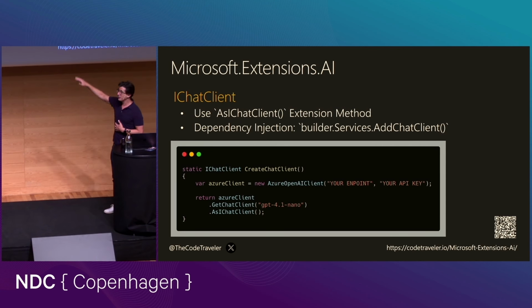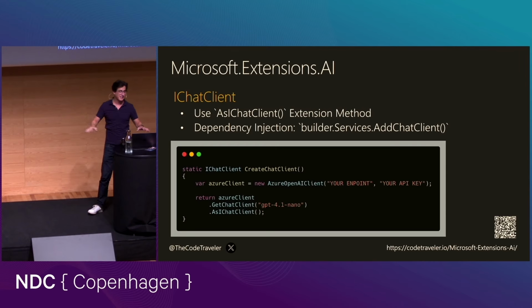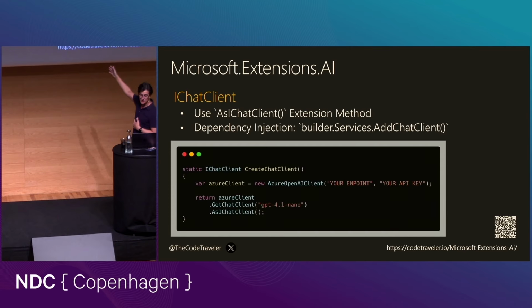So really, the only thing specific to your platform are these couple lines of code. And as soon as we say AsIChatClient, we've escaped, and we're now in the world of Microsoft.Extensions.AI. And to add that to dependency injection, you can just say builder.Services.AddChatClient, or you can always just say builder.Services.AddSingleton and pass it in like you normally would. That's totally cool, too.